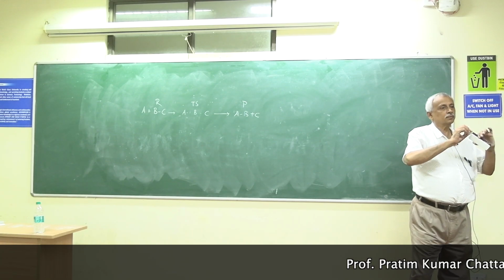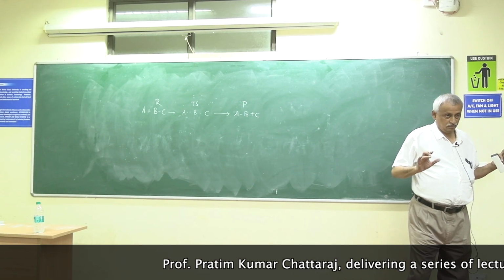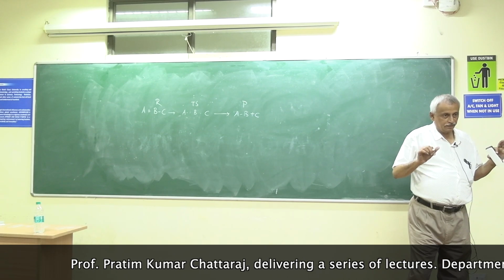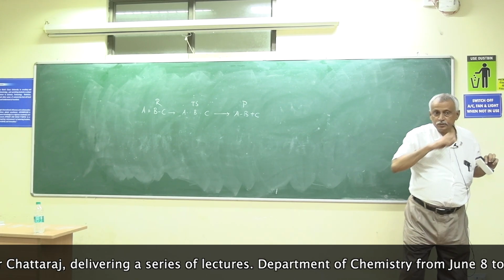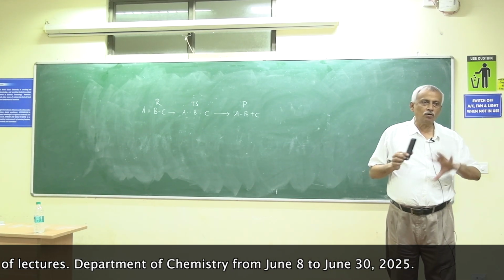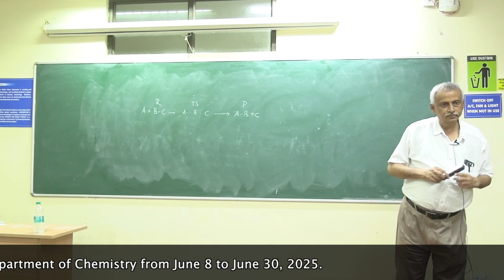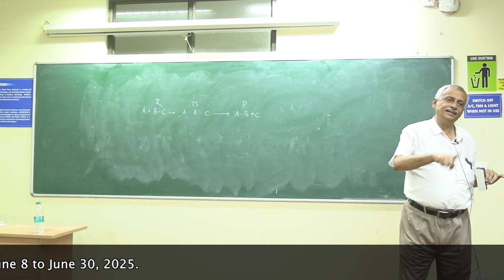Let's say the nuclear coordinates, capital R, of A, B and C. If the B and C coordinates are very close to each other and A is far off, that particular arrangement I will call a reactant situation.